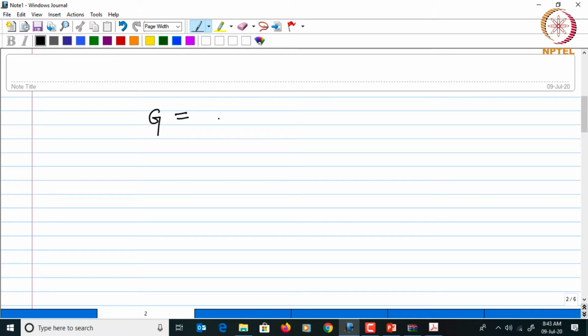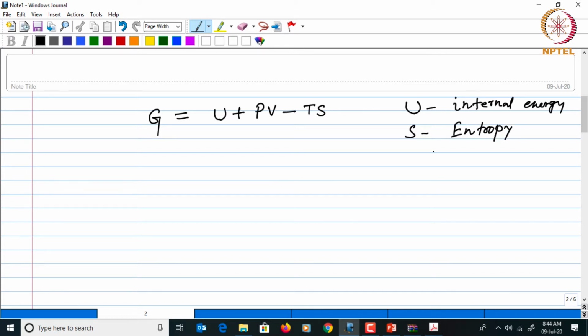G is given as U plus PV minus TS, where U is the internal energy and S is entropy, T is temperature.